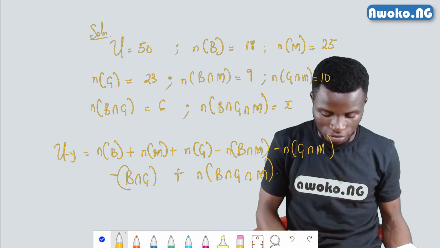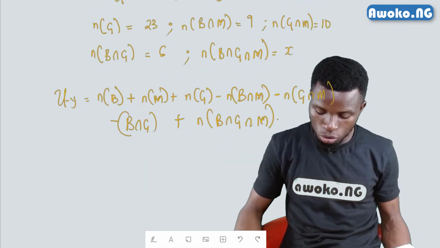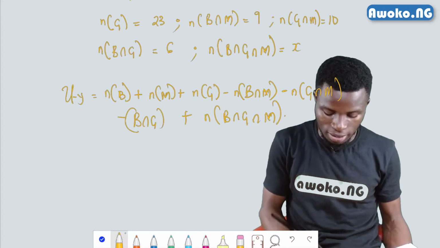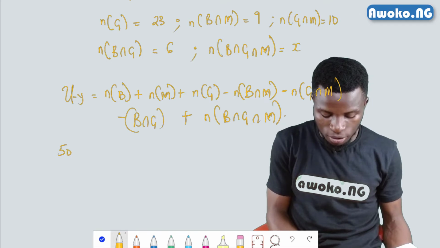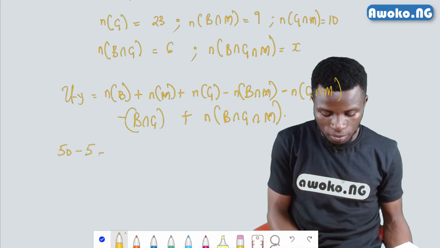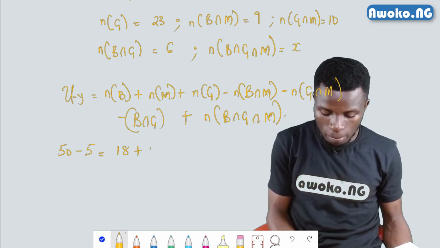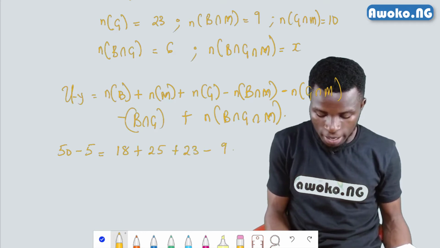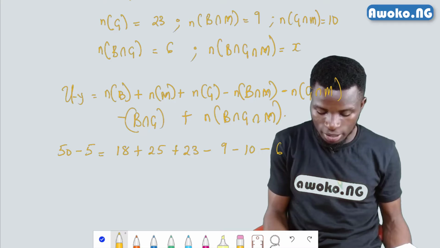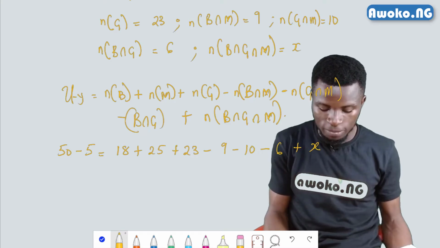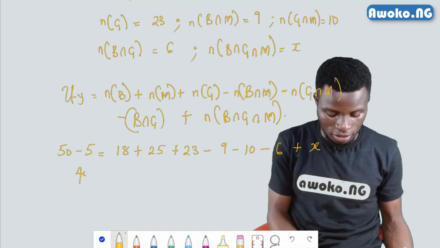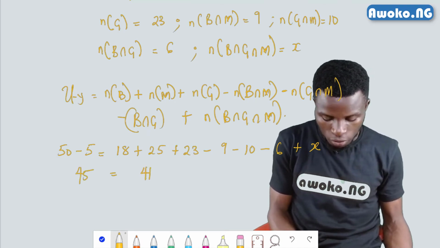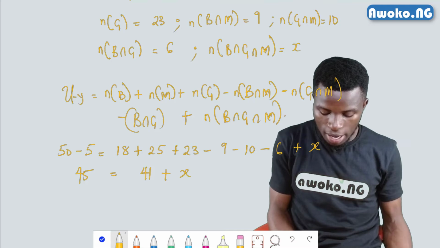Is that okay? So if I substitute my values into the equation, I have 50 minus 5 equals 18 plus 25 plus 23 minus 9 minus 10 minus 6 plus x. If I do my normal arithmetic, this is 45, which is equal to 41 plus x.